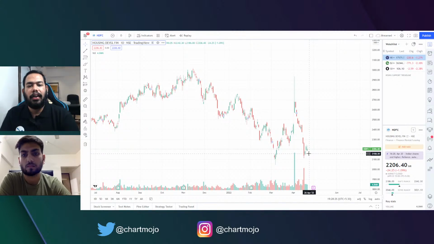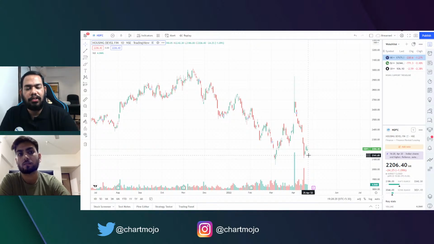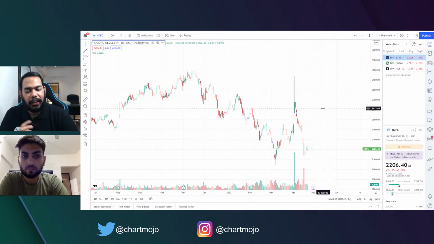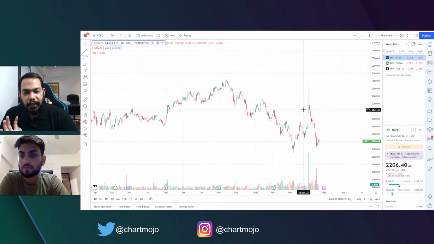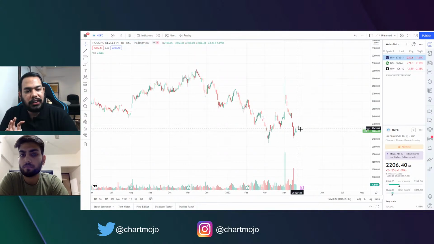Now listen very carefully. If you want to buy this counter for a fundamental reason, specifically for fundamental reason, and you are willing to hold this counter for 3 years, 5 years down the line, then it's okay. But for trading purposes, we are not seeing any positive sign here. Right now we can see the chart is trading inside this candle.